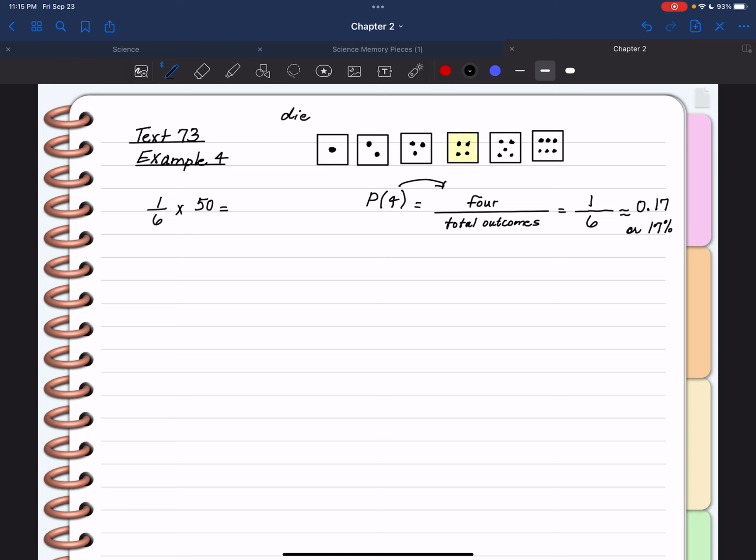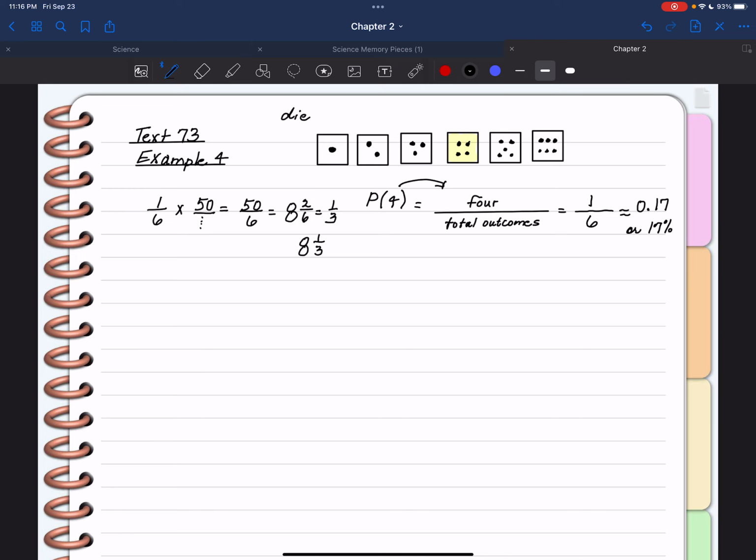If you wanted to do that by hand, you would say 50 over 1. Gives you a 50 on the top and a 6 on the bottom. 6 goes into 50 8 times with 2 left, and that would simplify on down to 1/3. I would use my calculator on this one.